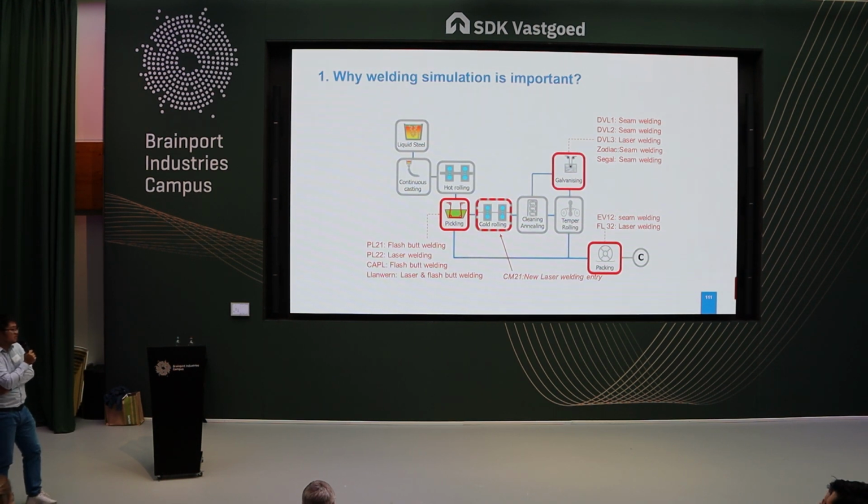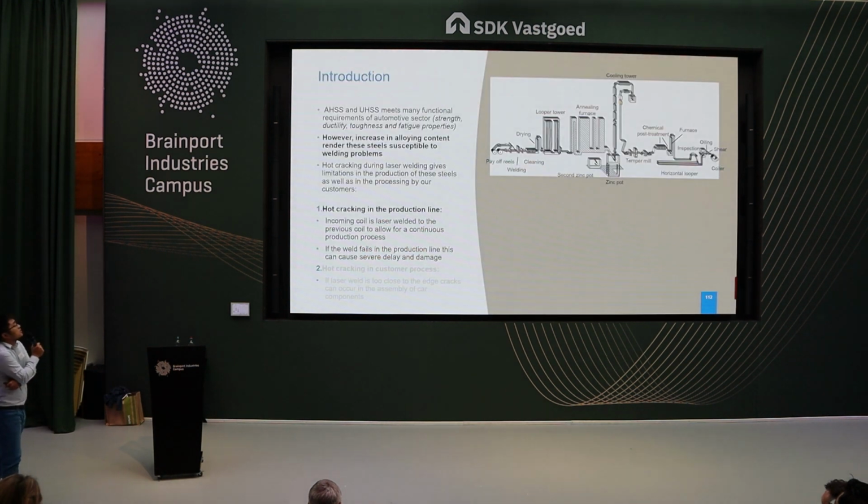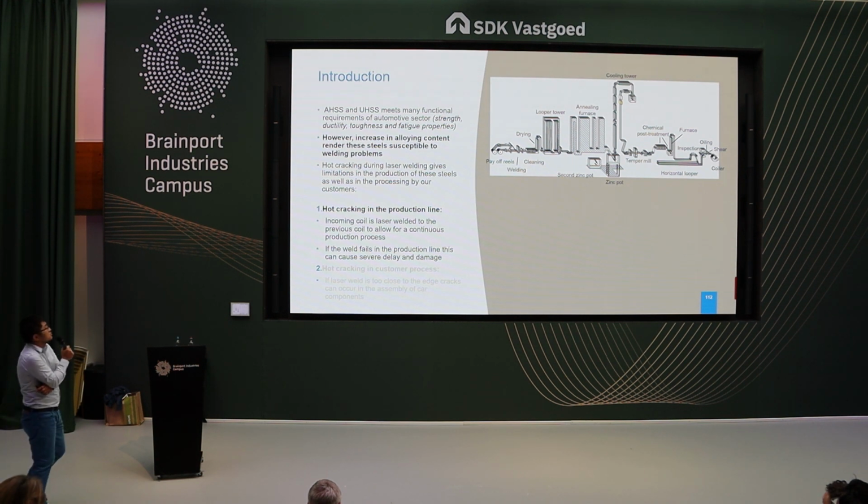However, I must say that weld failures and weld defects are inevitable, and the cause of these problems is generally not accessible from experiment. Therefore, it stimulates our research direction towards weld modeling.